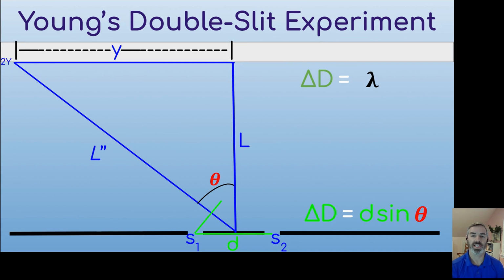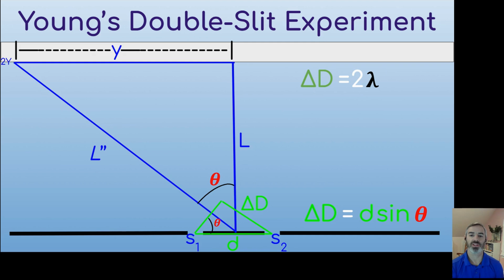And then we draw delta D, and what we would find if we had all of the arcs for the wave of light is that S2 travels 2 extra wavelengths to get to 2y than S1 does, so delta D is equal to 2 times the wavelength.